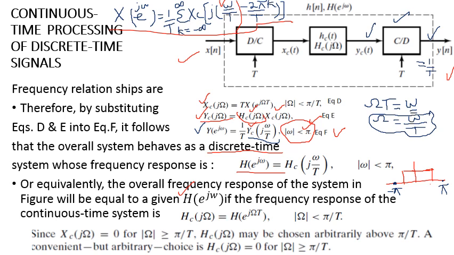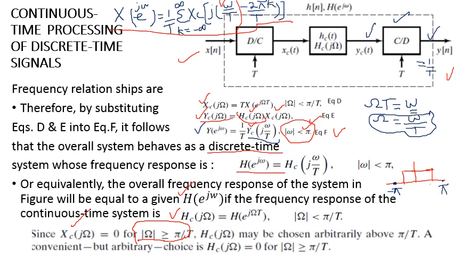In all cases, remember that we are assuming that the Nyquist criterion is met and signals are band limited. So X_c(jω) equals 0 for this frequency range. Inside this range it has some value, but outside of this range it is 0. H_c(jω) may be chosen arbitrarily above π/T, which follows from the Nyquist criterion.